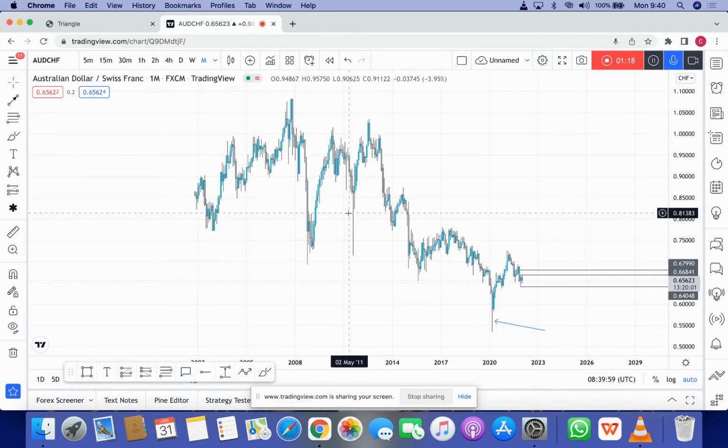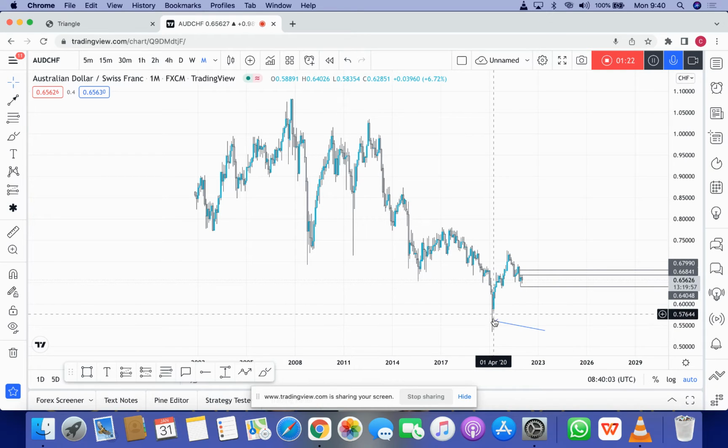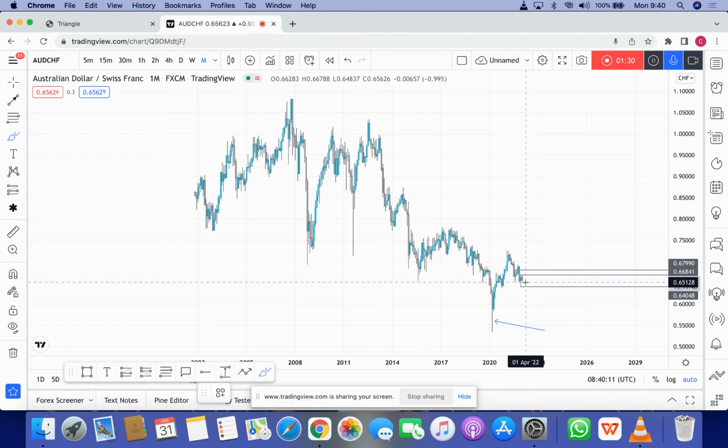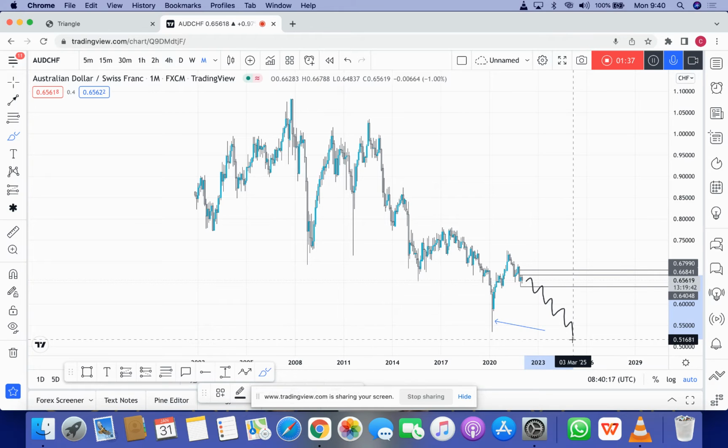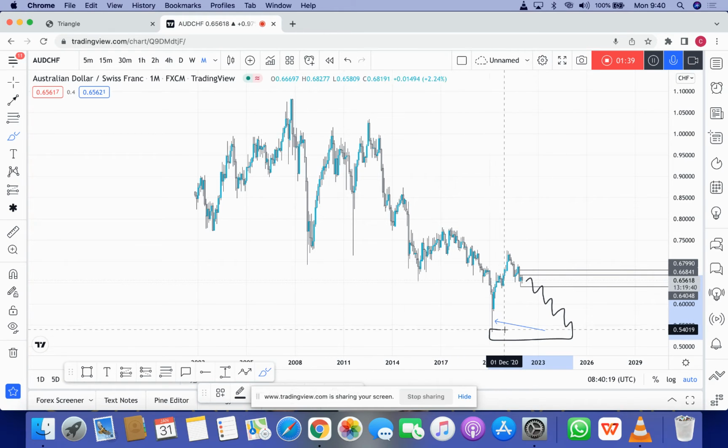Since we have this long mitigation here, rejection, we have to understand that price might do a series of lower highs and lower lows to fill up this weak imbalance here.